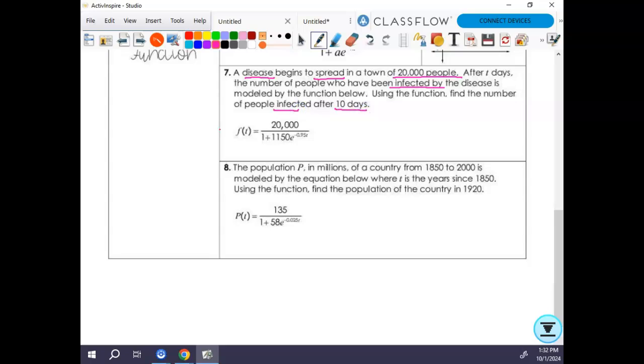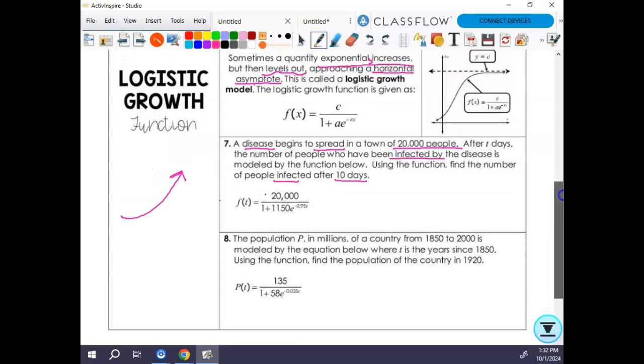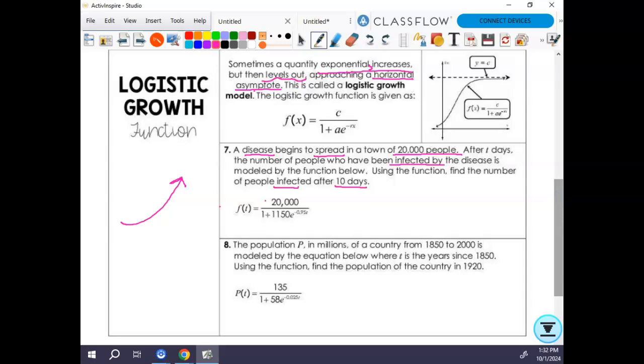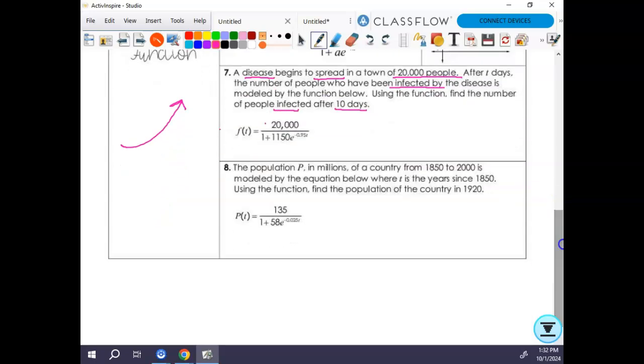How many total people can get infected? 20,000. It can be exponentially increasing, but we can't go past 20,000 because that's all we've got. So that's why this is in the numerator. That y equals c, that's your asymptote, and that's where c goes.